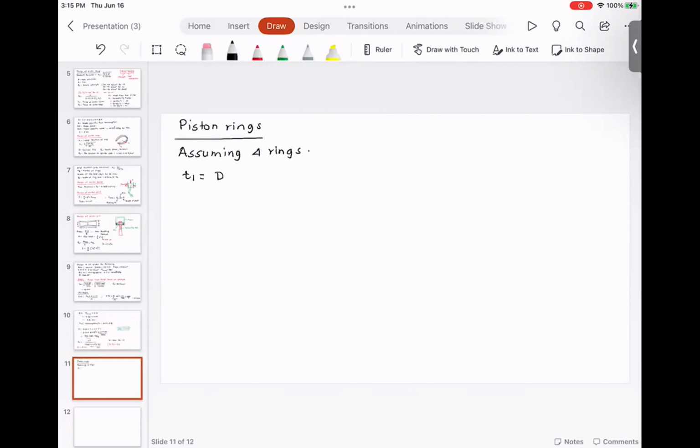T1, sigma T is equal to 90. So T is equal to 4 millimeter.